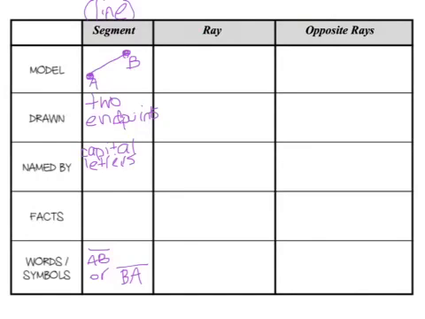Also note here, there are no arrows at the end of this line that's on top of the two capital letters. So note that it can be named forwards, which would be AB, or backwards, which would be BA.